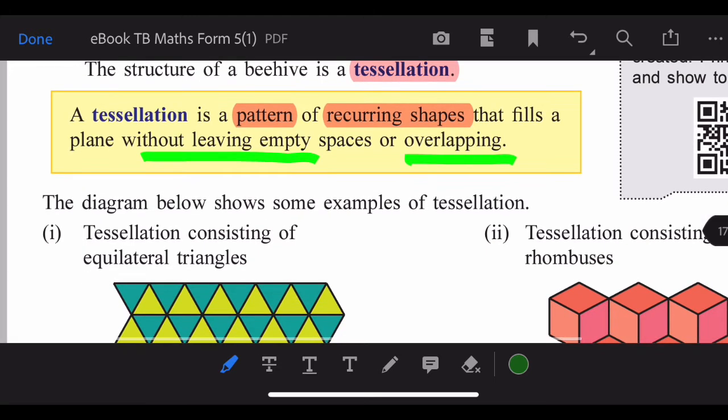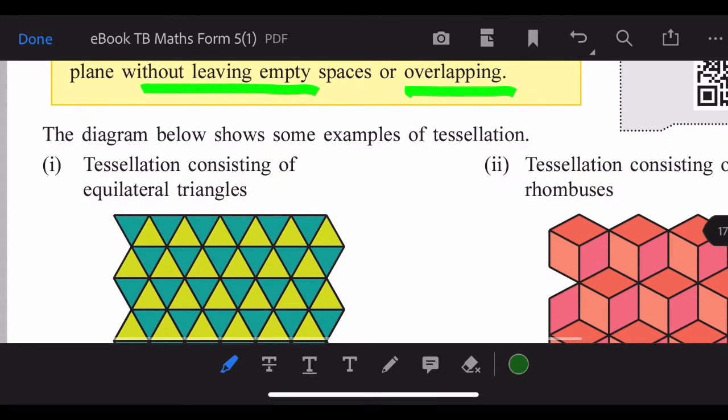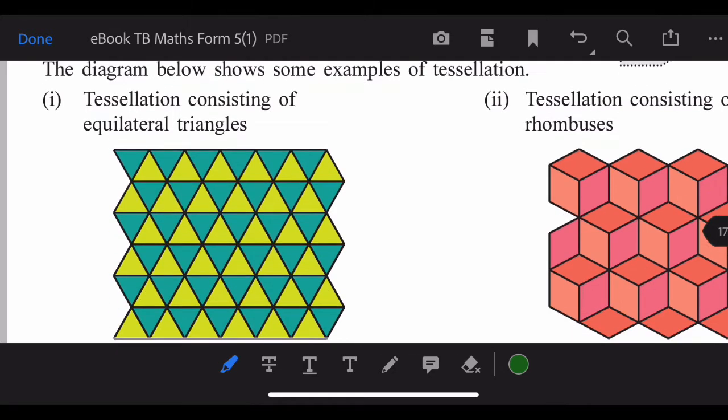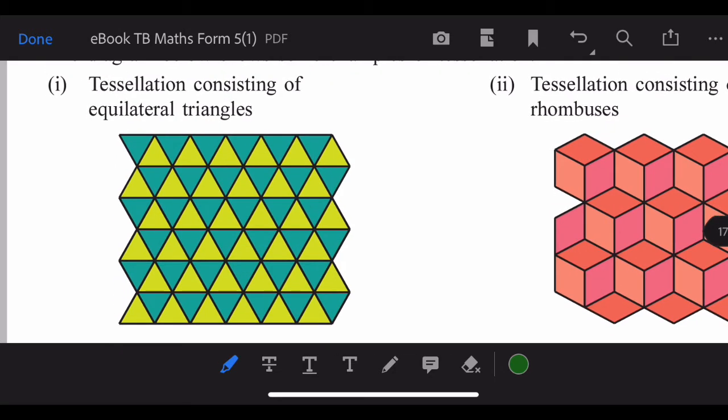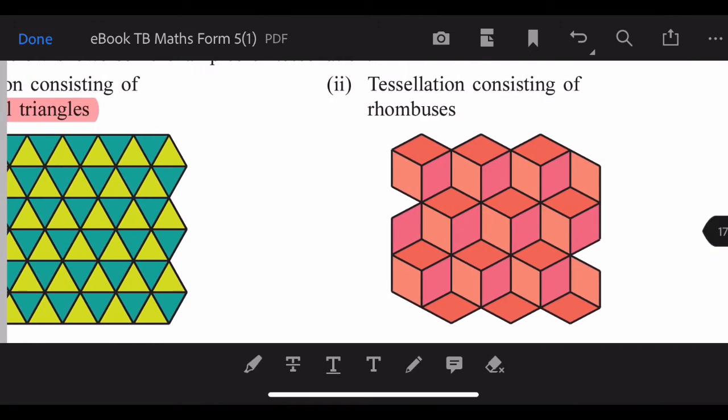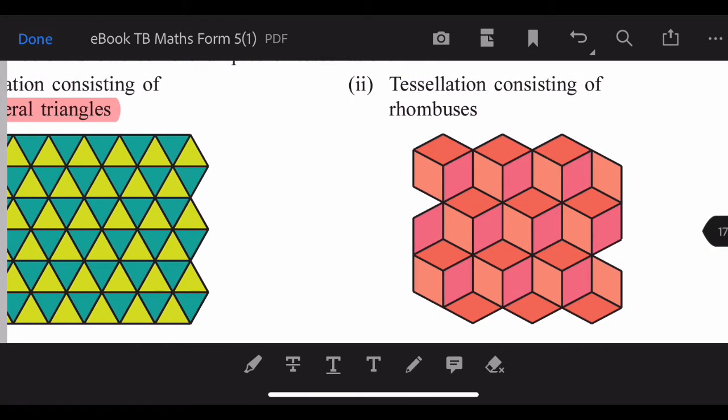The diagram below shows some examples of tessellation. First, a tessellation consisting of equilateral triangles. The pattern here consists of equilateral triangles. It's a very beautiful tessellation. We have another one, which is rhombuses.